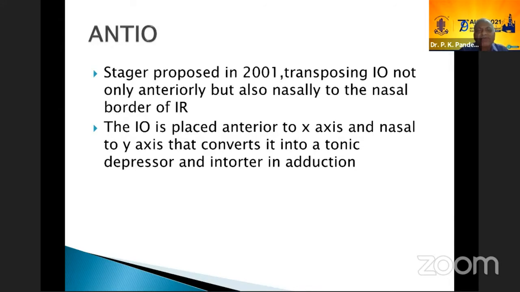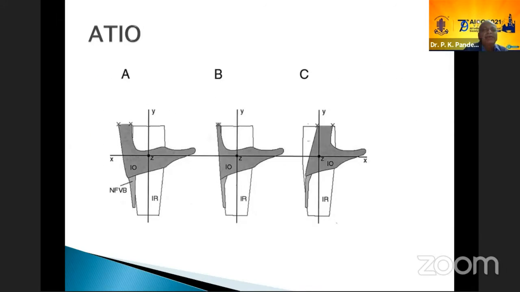Now, if you look at the figure, this is about the ATIO. You can see that if it is placed laterally and the insertion is spread out, as we were talking, this is going to produce an anti-elevation syndrome because it is coming in direct line of the neurofibrovascular bundle from below. Now, as we move it medially, as we stop this spreading out of the insertion and make it close, say within 1 to 2 millimeters, this works okay.